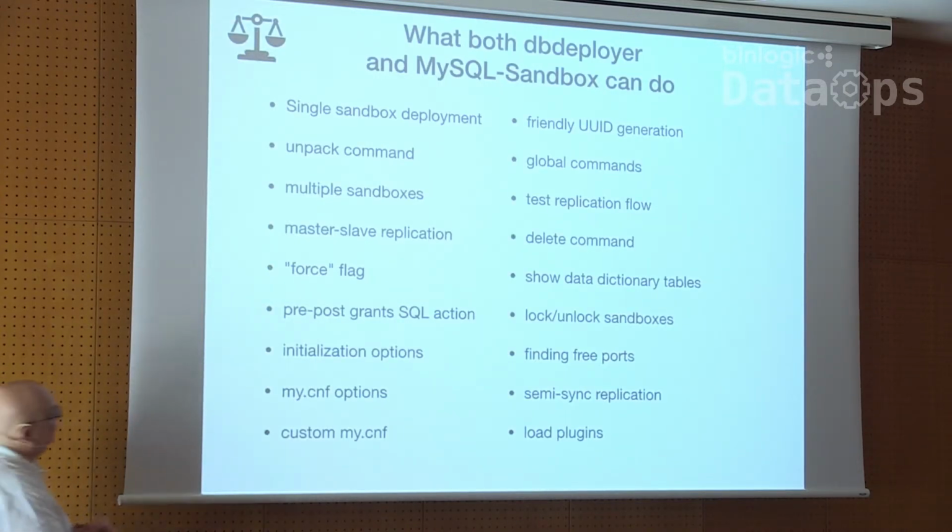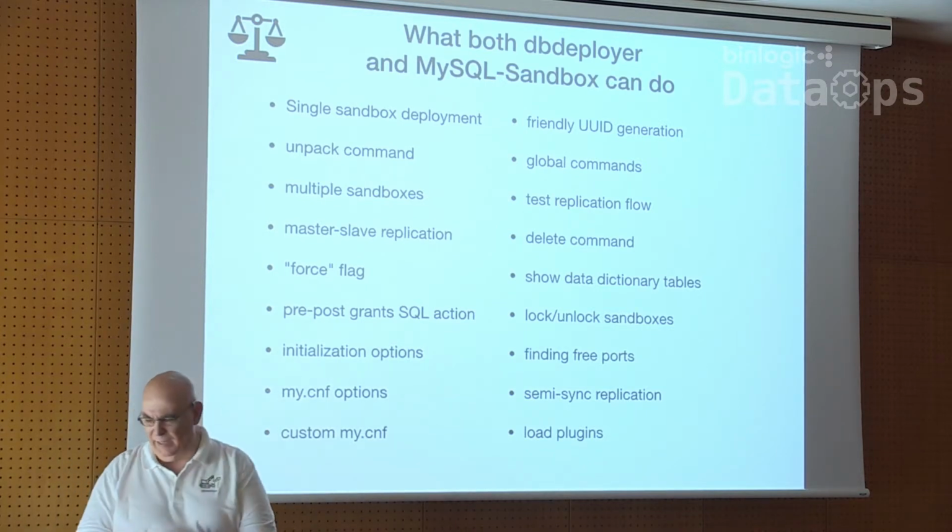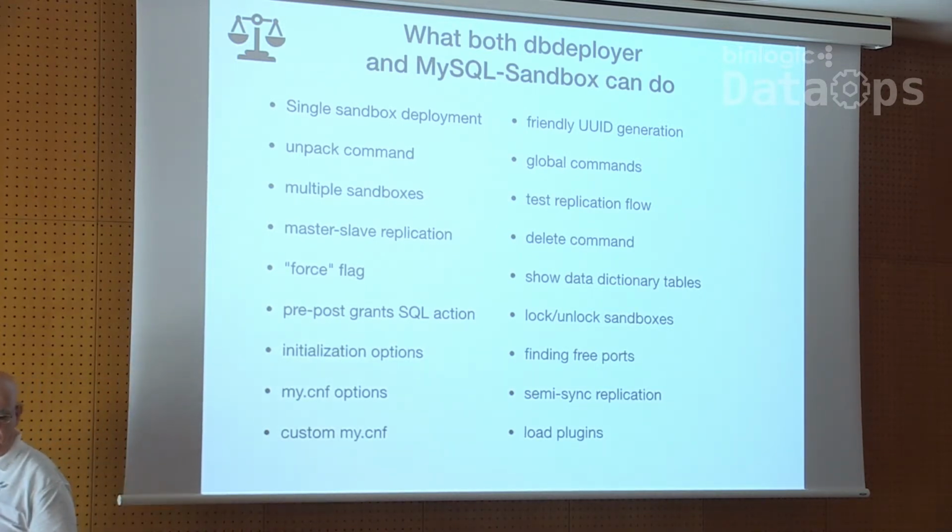And if you are interested, there is a list of things that dbdeployer can do and MySQL Sandbox cannot. So in this slide is what is common to both, and basically is what I have described so far.